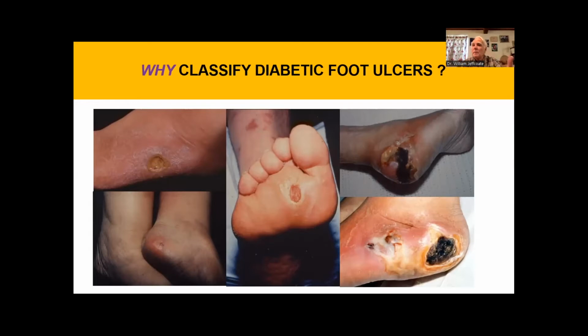So I'm describing these as you could describe them to anybody else. But what we're doing is selecting clinical features of what is different about this foot ulcer from that foot ulcer. Because if we're going to start comparing how is that one doing, how quickly does that one take to get better, etc., then you've got to be able to say what sort of ulcer it is that you're talking about. And so we need to have a classification to decide how you would describe the ulcer. Have the next slide.